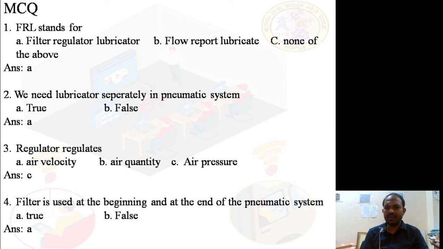As we have already said, it is environmentally friendly, so we are not using any filter at the end of the pneumatic system. If the question had said a filter is used at the beginning of the compressor and at the beginning of the air dryer or after the cooler, the answer would have been yes.